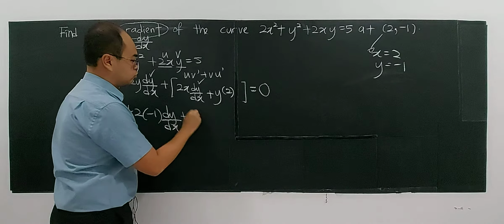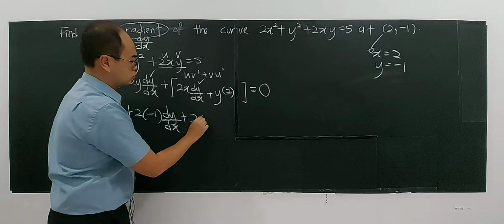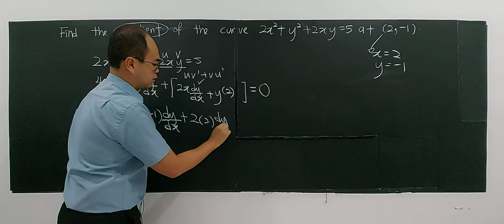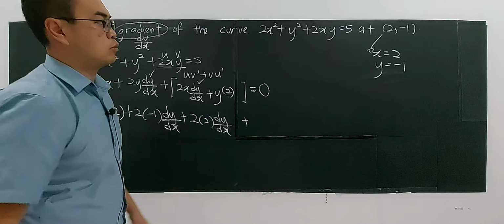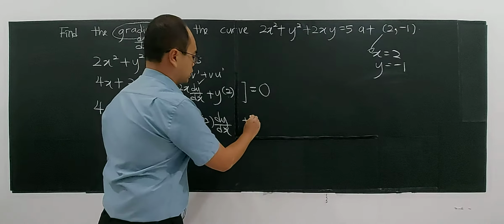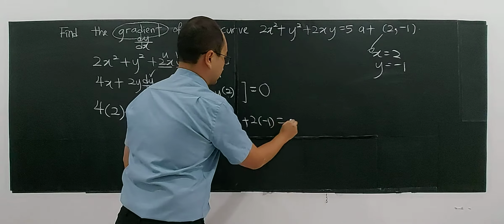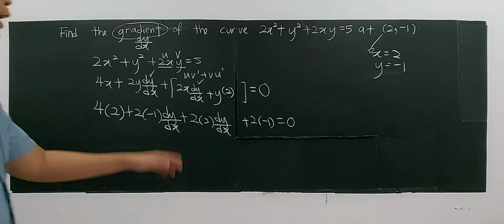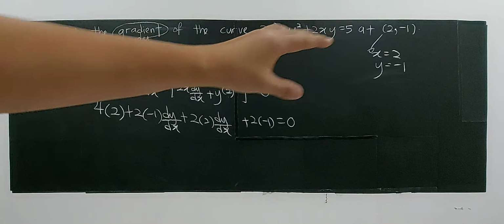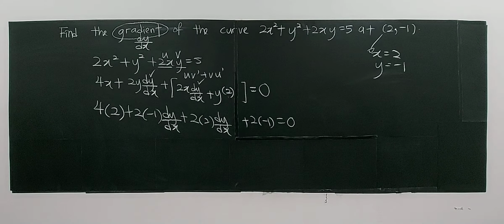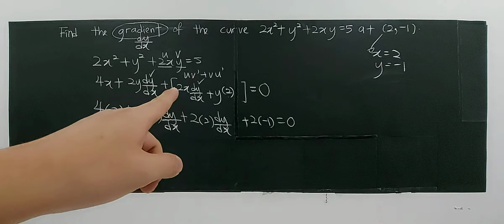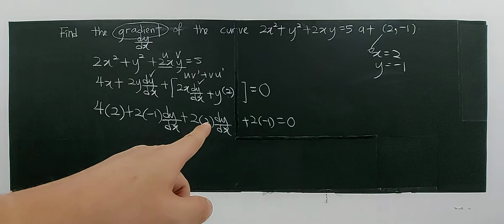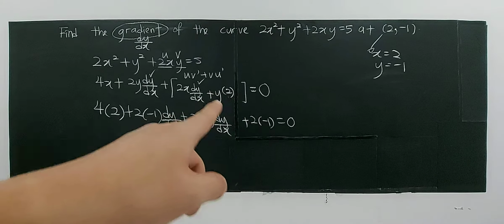So plus 2x, where x is 2, dy/dx, plus 2 times -1, everything equals 0. I can directly substitute all the values of x and y into the differential equation. So 4x is 8, 2y is -2, and 2 times 2 for x, and y is -1.